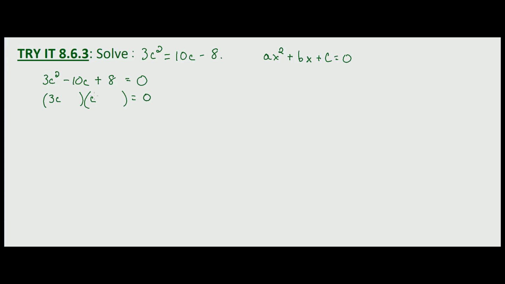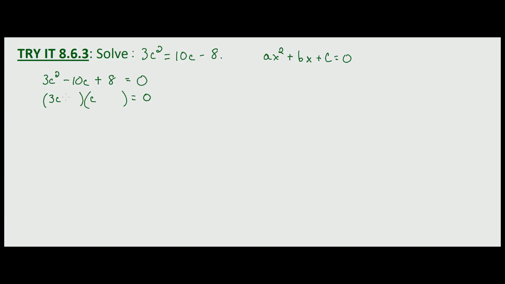Now we want some combination. Because 8 is being added and 10c is being subtracted, we want two numbers that multiply to 8, or two numbers that multiply to a positive and add to a negative.